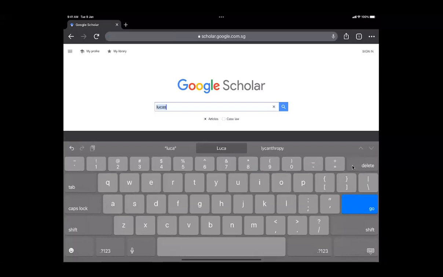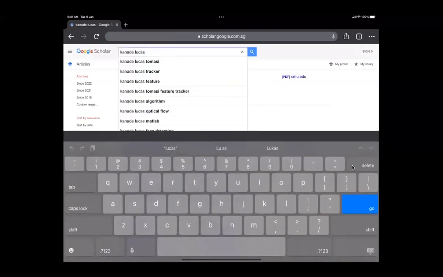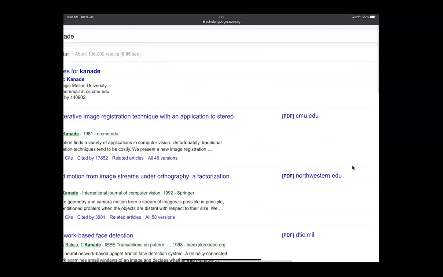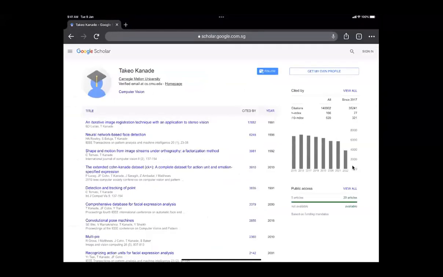So if I look at Lucas, Kanade, Lucas and Kanade, this is 2% actually. Let's see, Kanade and Takeo Kanade. Takeo Kanade is from Carnegie Mellon University, and I think the optical flow here is number one of the citation.